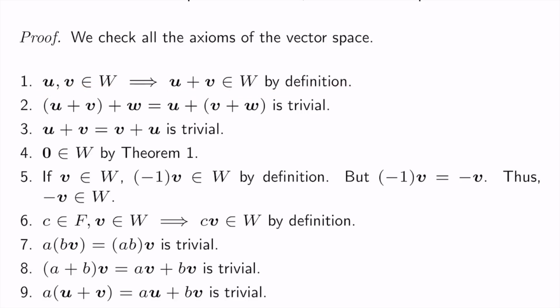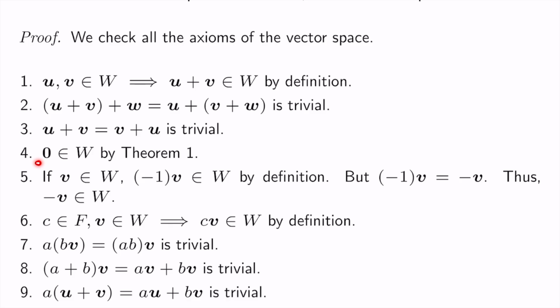This is trivial because this is part of the definition of a subspace. Then associativity of addition, this is trivial because this addition is the same addition as in the original vector space, so associativity always holds. And addition is commutative. This is again trivial due to the property of the vector space.